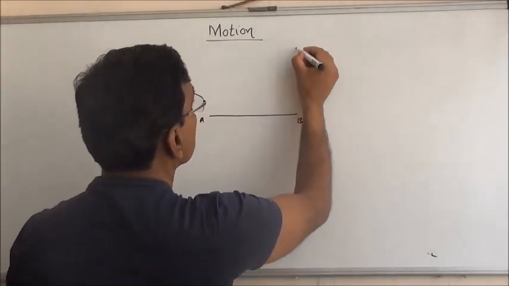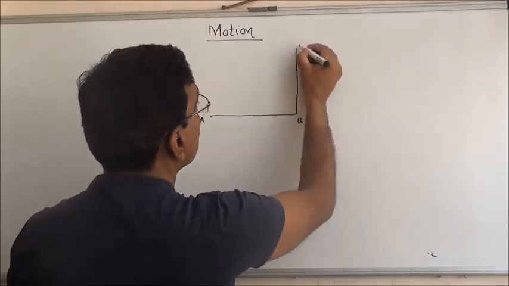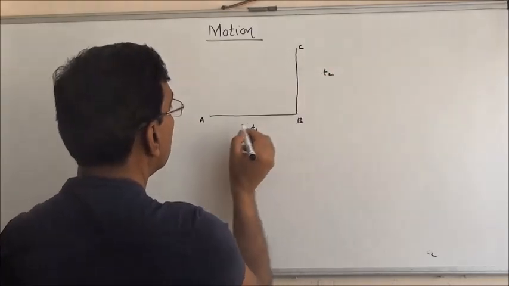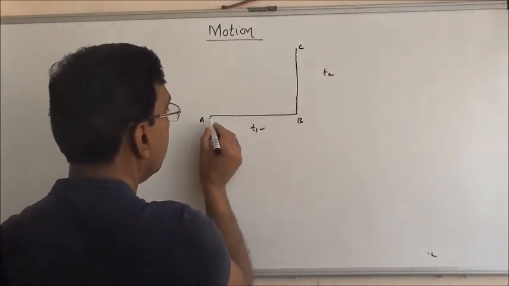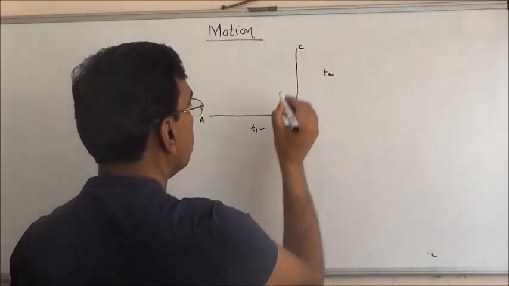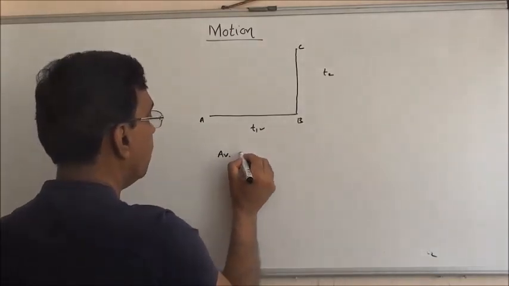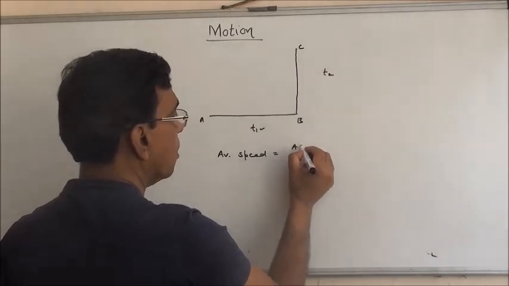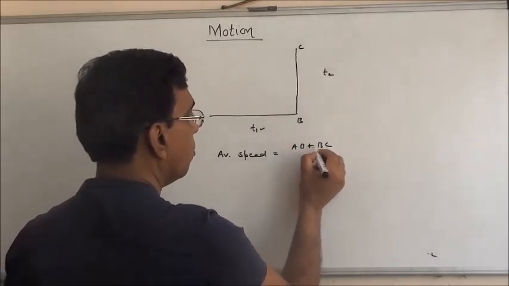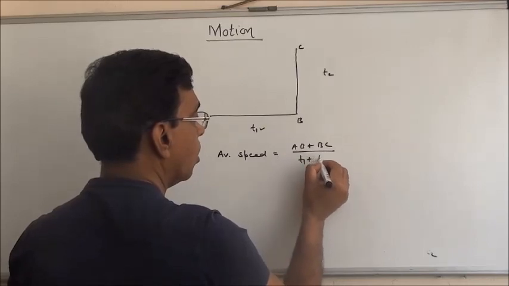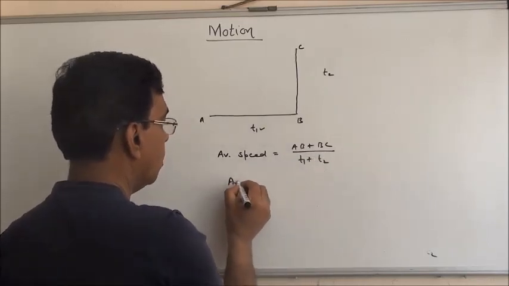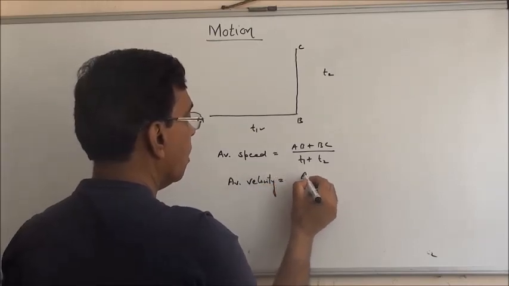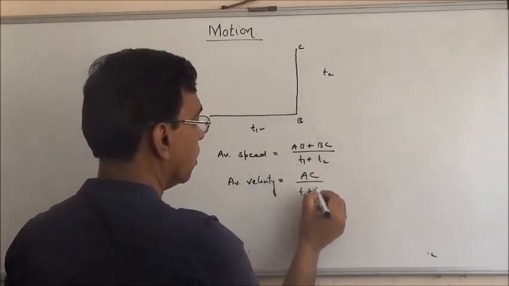Taking again the same example. The body takes time t1 to move from A to B and t2 to this. So average speed is AB plus BC upon t1 plus t2. Average velocity is AC upon t1 plus t2.